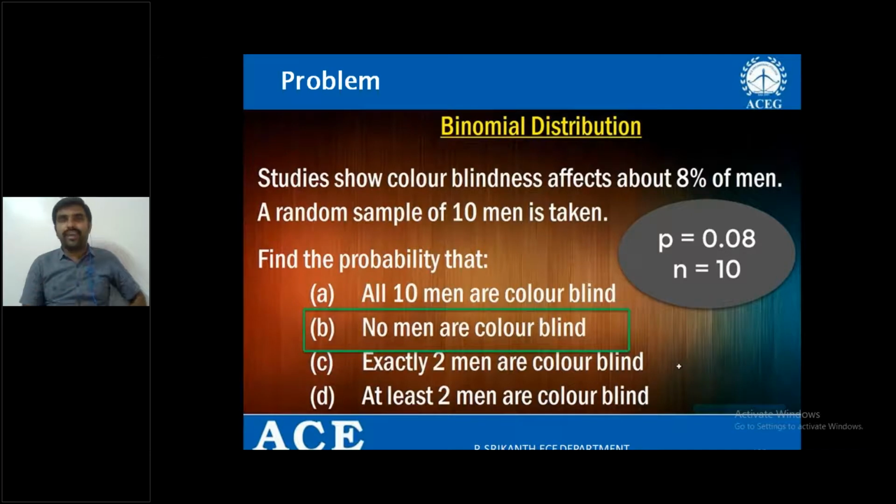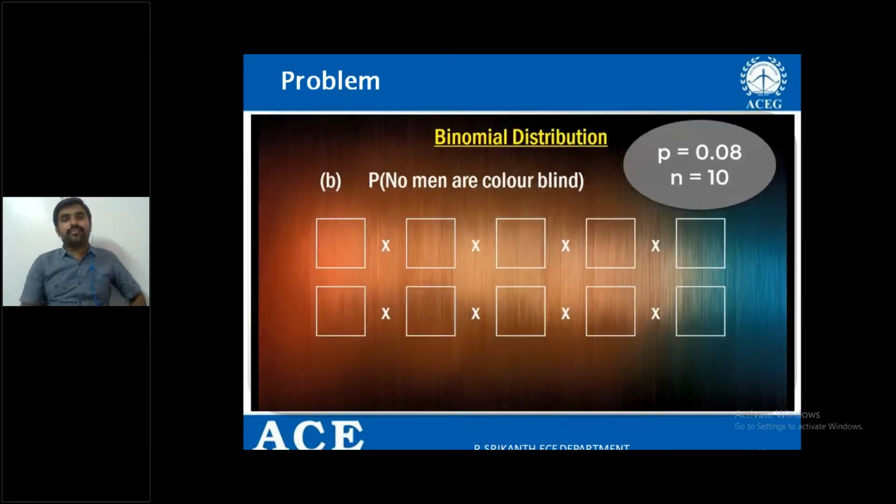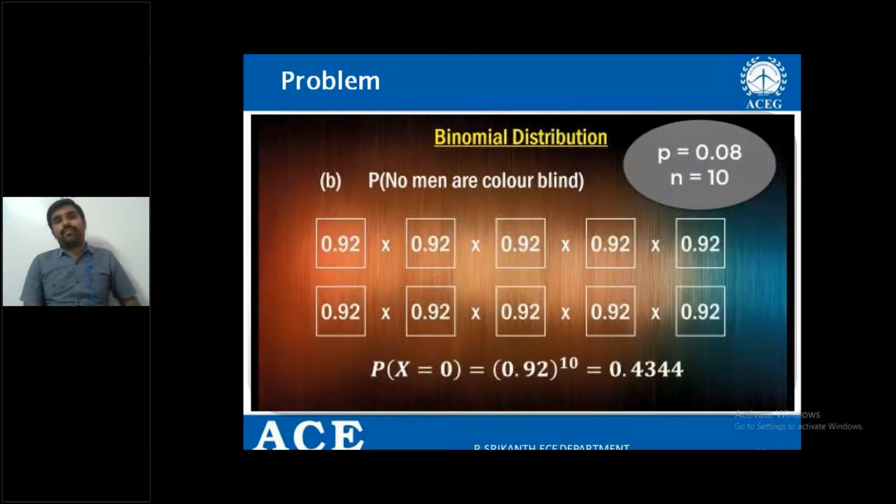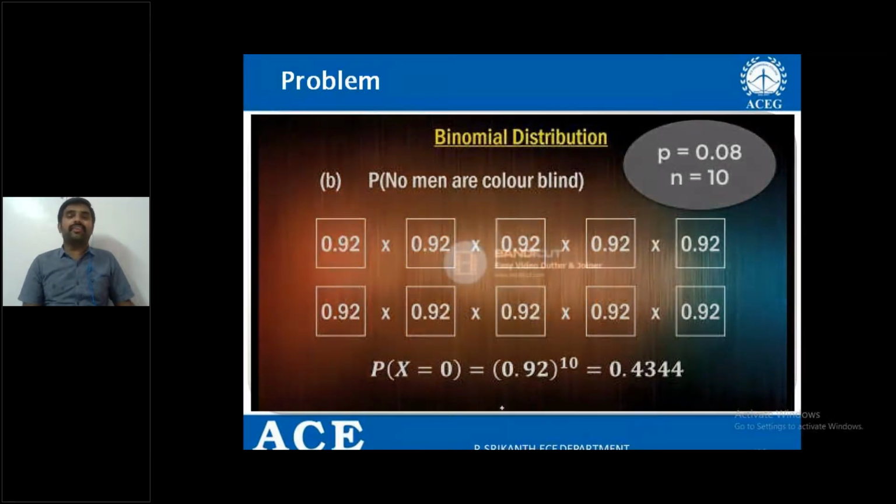I think you got the idea, right? So how do you get it? See there, for 10 members, 92% chance, 0.92. Therefore, 0.92 power 10, or P of x equal to 0, zero color blindness, right? Like this, you can find the total probability, that is the probability that no men are colorblind, right?